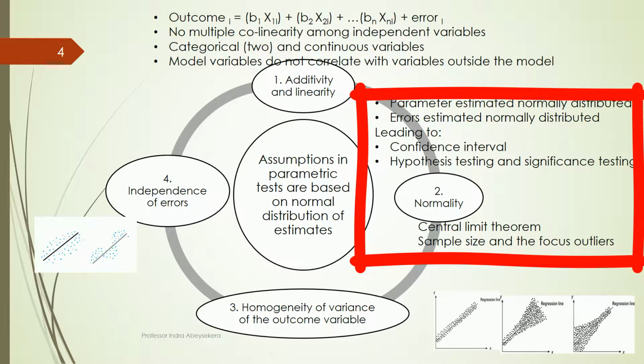Their estimation should be normally distributed. That means as the independent variable changes, there's an estimation of the parameter, and they are normally distributed.